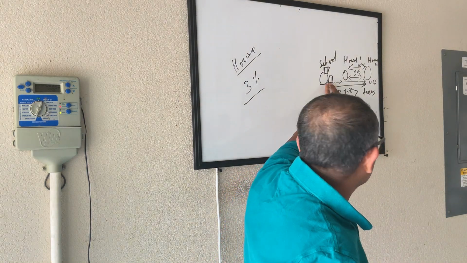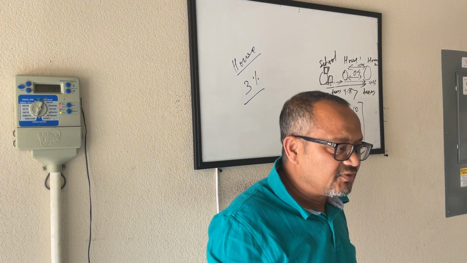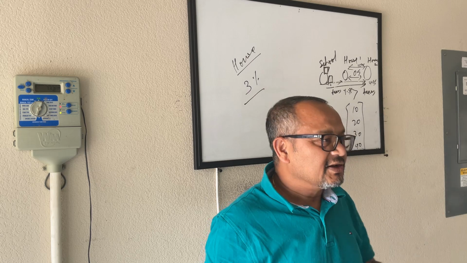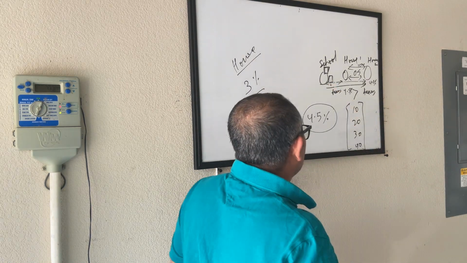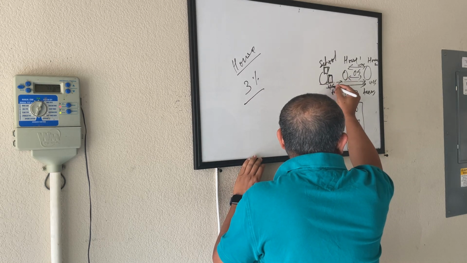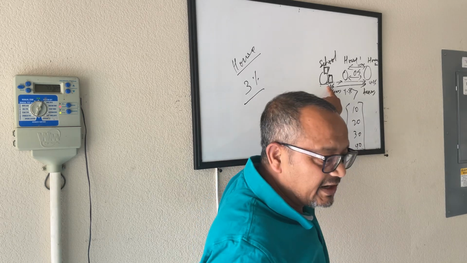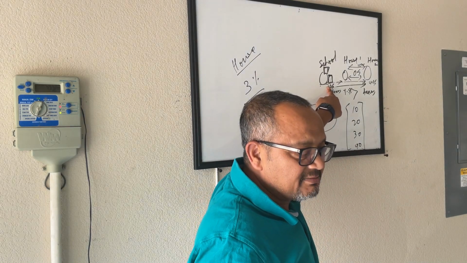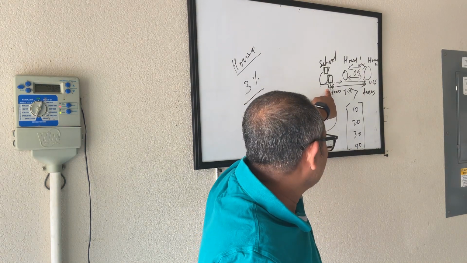I would assume this distance being 0. Some of you live in the same community, right next to the school, and those are the houses which have the highest taxes. So instead of taking the school as a reference point, I will take this house as the reference point, because the school doesn't have to pay taxes. I'll take this house, maybe bordering the school, where the highest taxes are, which is 4.5%.